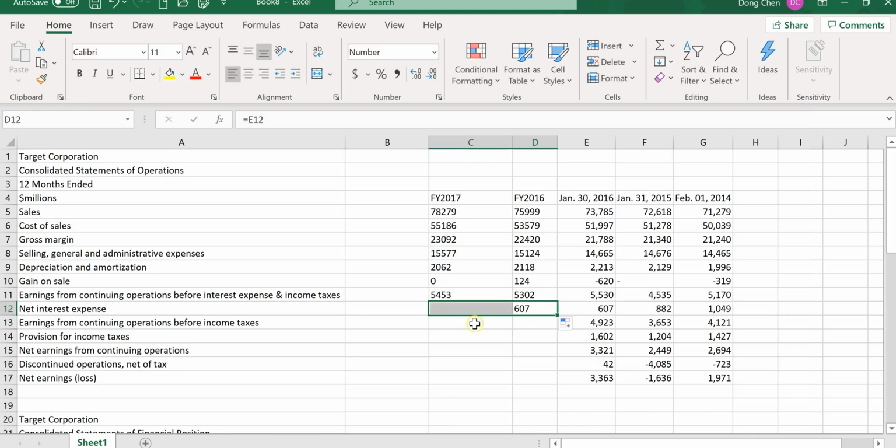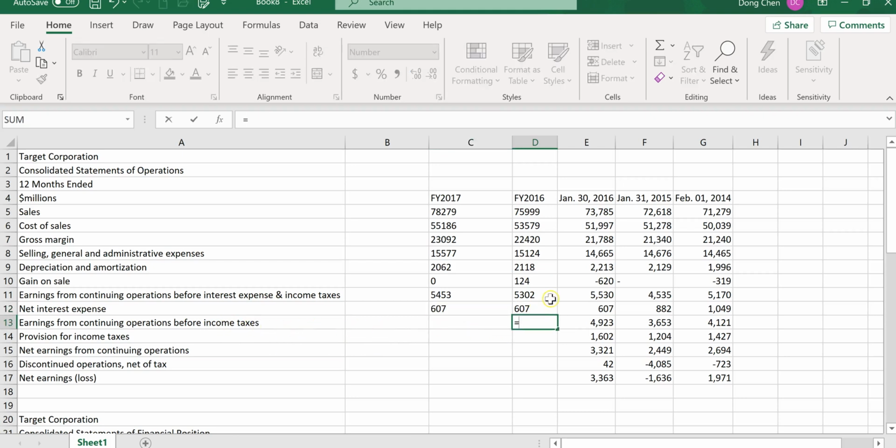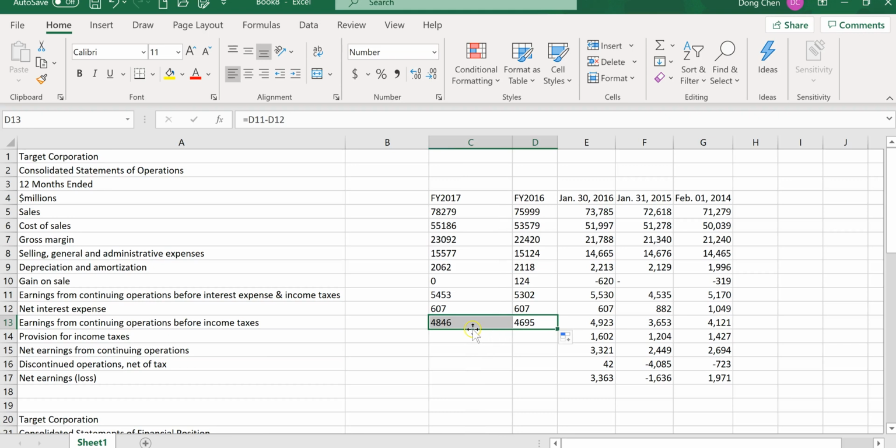And then we do the same for fiscal year 2017. Earnings from continuing operations before income taxes is simply the difference between the earnings from continuing operations before interest expense and income taxes and the interest expense. And then pull the cell to the other year, we get the number there.